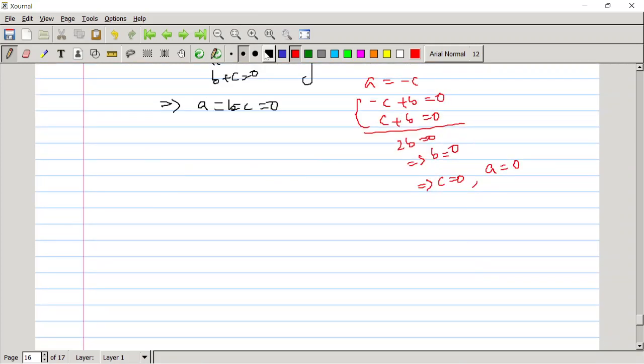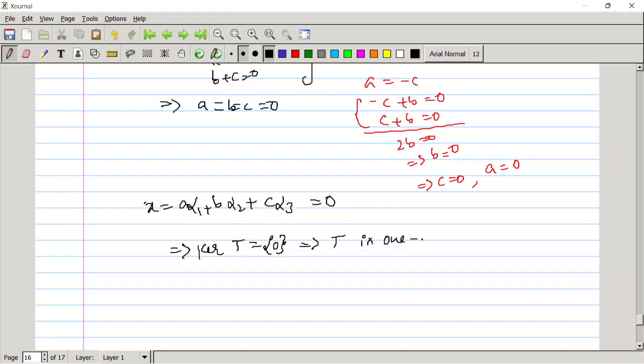So what we have proved is that x equal to a alpha 1 plus b alpha 2 plus c alpha 3 is equal to 0. That implies the kernel of T is nothing but the singleton set {0}. That implies T is 1 to 1.